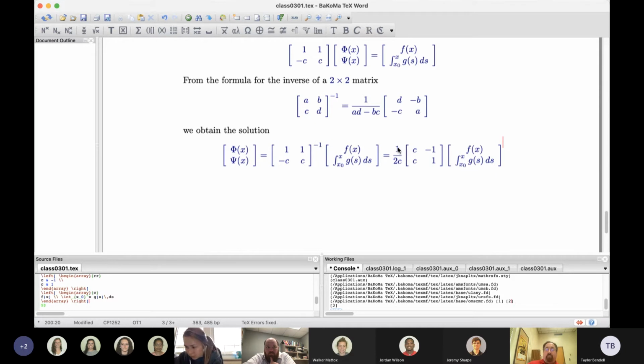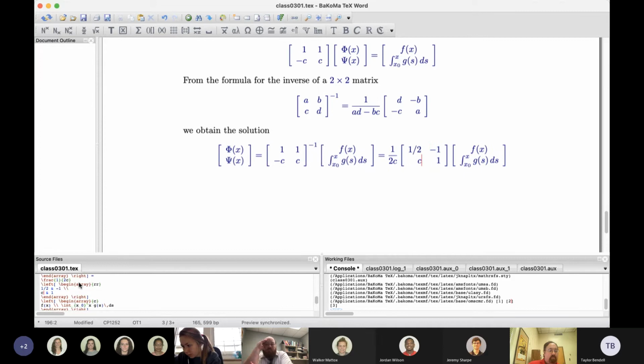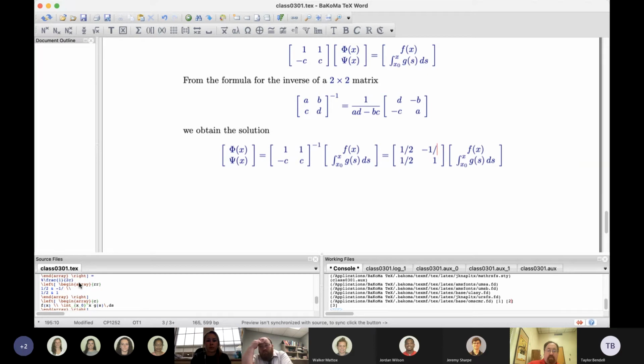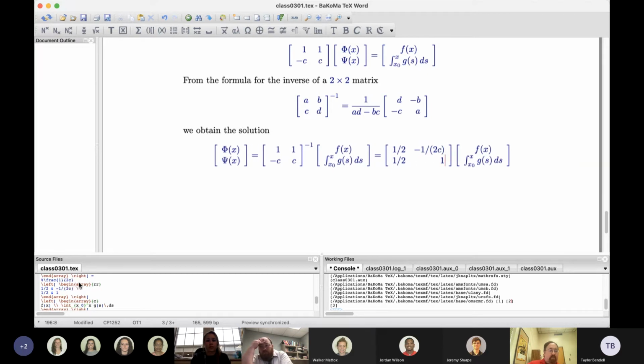Now, if I take the 1 over 2c and distribute it through here, then that's going to give me 1/2 in the first column, and then I have minus 1 over 2c and 1 over 2c in the second column. All right.